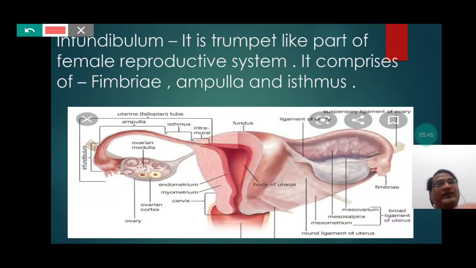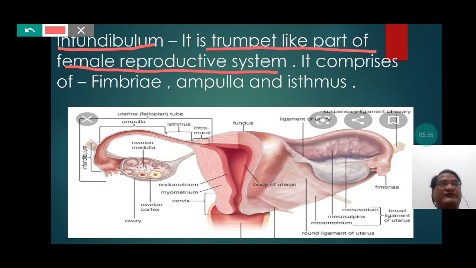So students, infundibulum, which is also called the fallopian tube, is a trumpet-like part of the female reproductive system. The main components of the fallopian tube or the infundibulum are fimbriae, ampulla and isthmus.